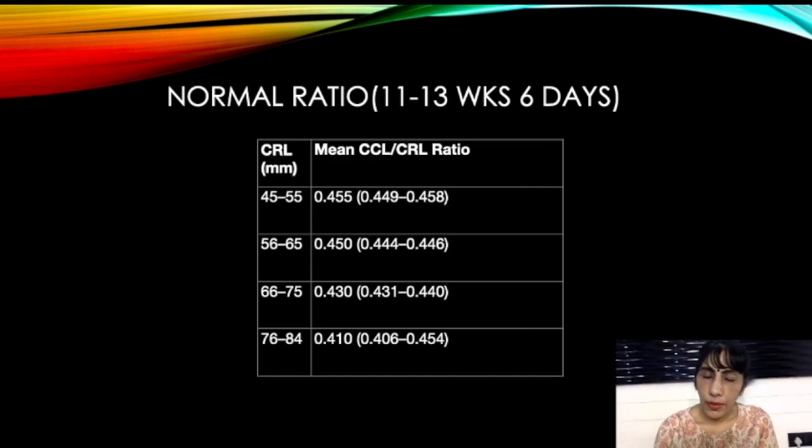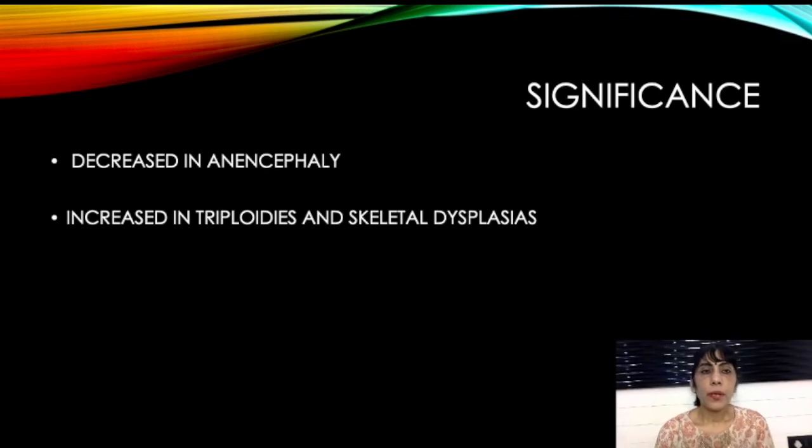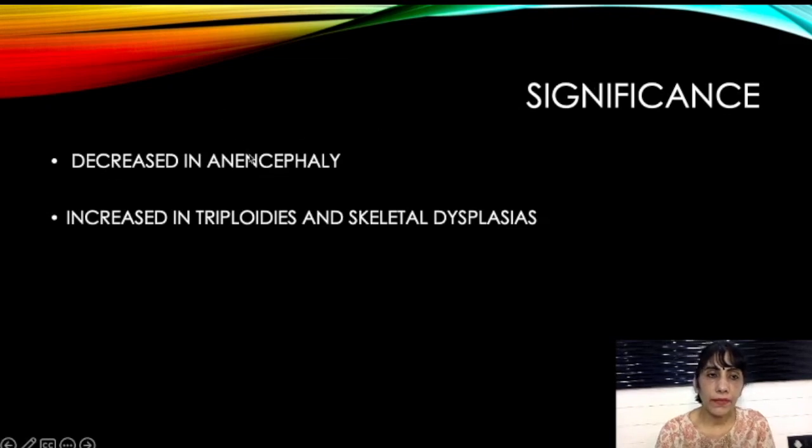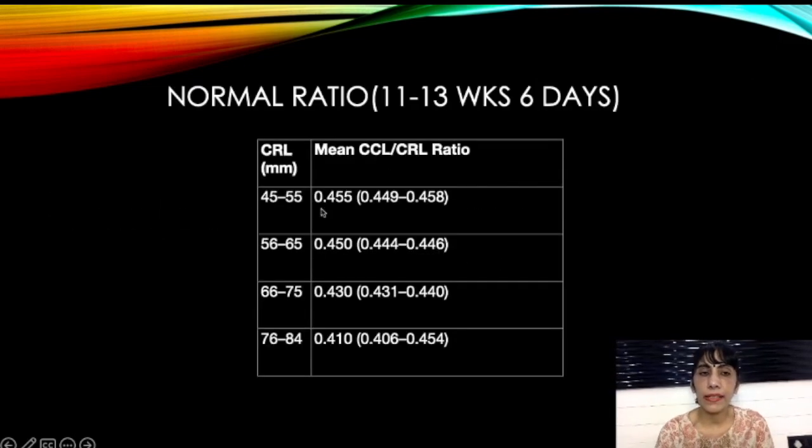Now what is the abnormal situation? The abnormal situation is if it is reduced. If I find that the ratio between CRL of 56 to 65 is coming around 0.40 or 0.39, then that tells me the ratio is less than what we are expecting. This could be a case of anencephaly. It is increased in case of triploidies and skeletal dysplasias. You see the mean that is to be there at that gestational age.